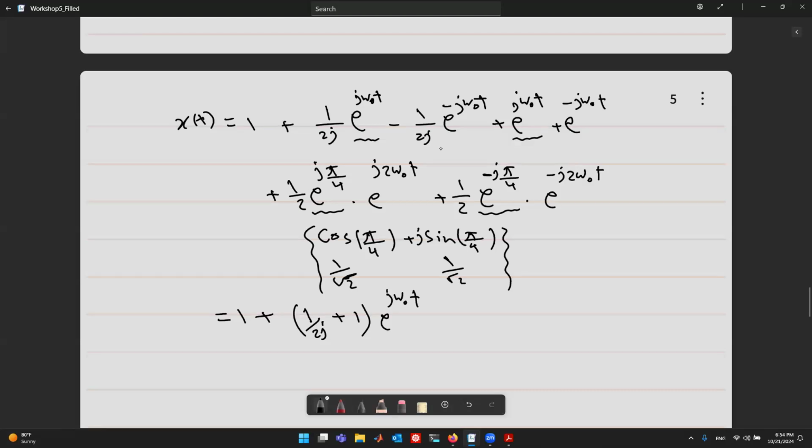And we have similar stuff also here, plus 1 minus 1 divided by 2j, exponential minus j omega naught t. I will combine all this and this.